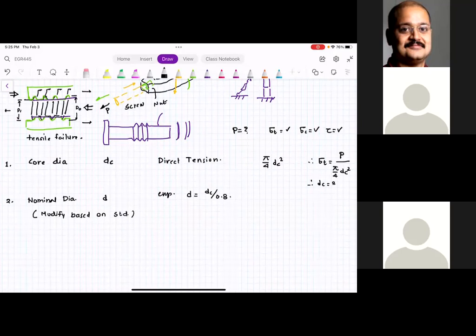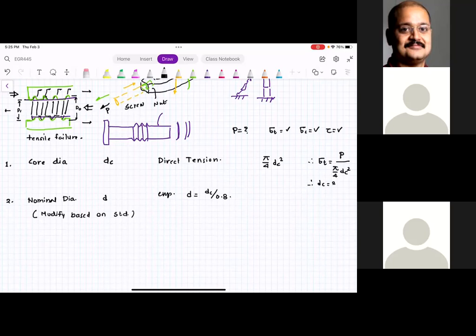So if we find out our core diameter is 8 millimeter, nominal diameter is 11.2 millimeter. If you go to McMaster-Carr, or Amazon, eBay, or some other vendor like Grainger, nobody is going to give you an 11.2 millimeter screw. What you will do is see what screw is available. You say a 12 millimeter screw is available. That's good for us: 12 millimeter outside diameter, 8.5 inside diameter. That's totally fine. So you modify these dimensions based on the components that are readily available.